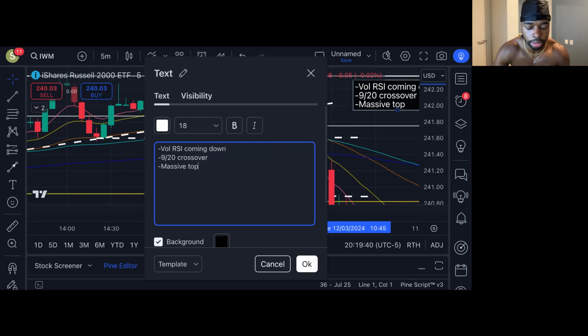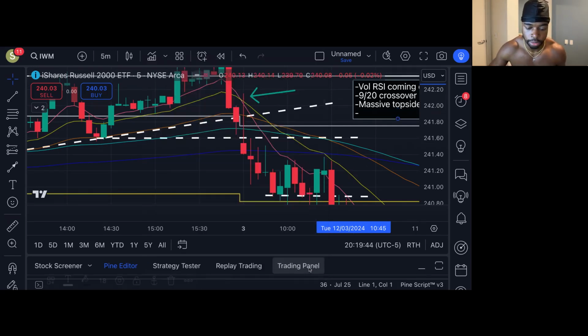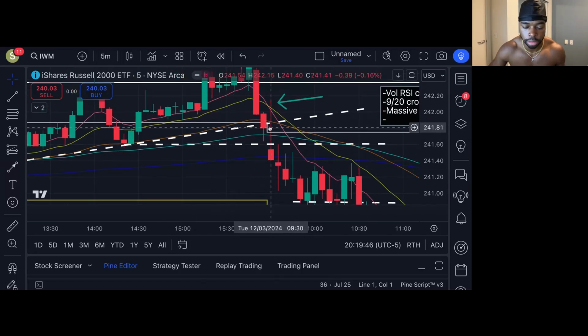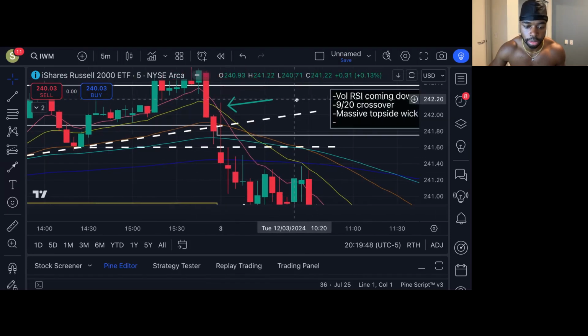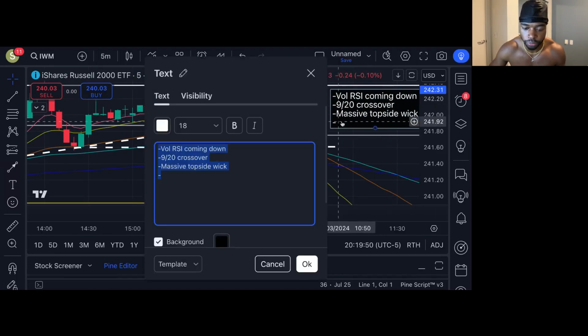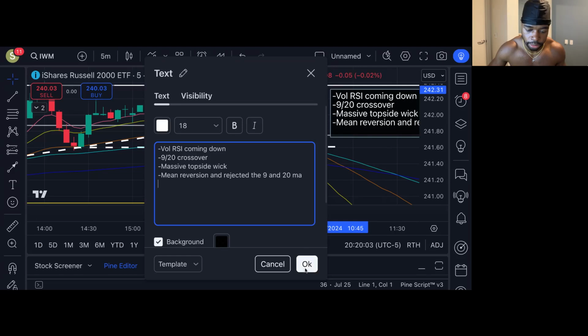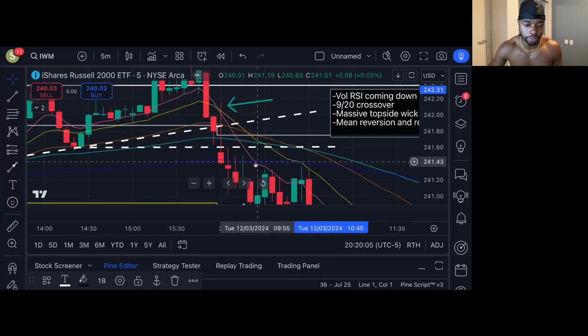We're rejecting the 9, so we did a mean reversion and rejected the 9 and 20 MA. So already four pieces of confluence for a downside move.